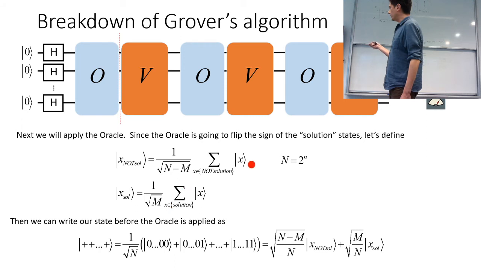So we're going to define these two things. Basically, these are all the states that are not the solution, and these are all the states that are the solution.